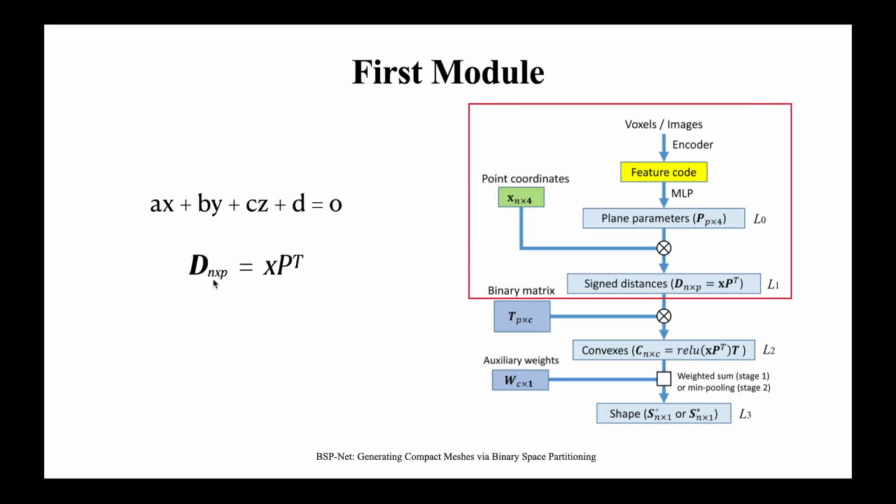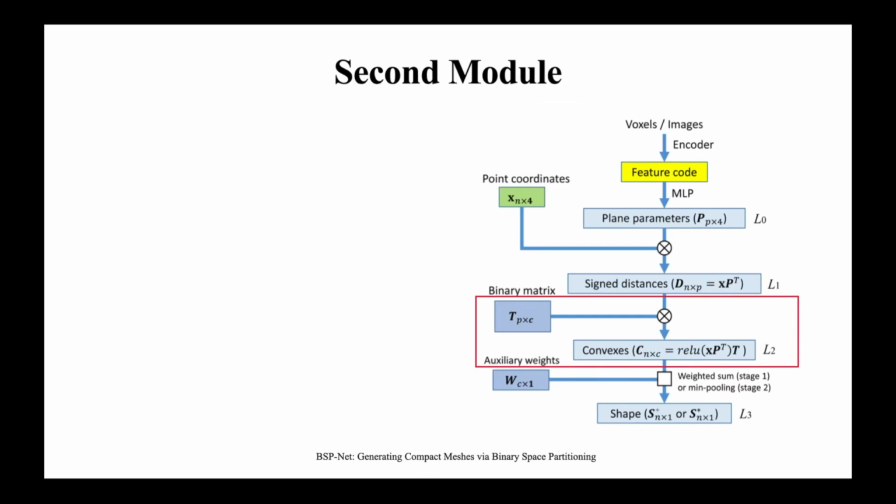Its dimension is n times p, where n represents the number of data points in the training data, and p represents the number of planes. So this matrix D represents the signed distance from each point to each plane. The second module then multiplies the matrix D with a new matrix T. This new matrix T is the parameters we need to learn during the training.